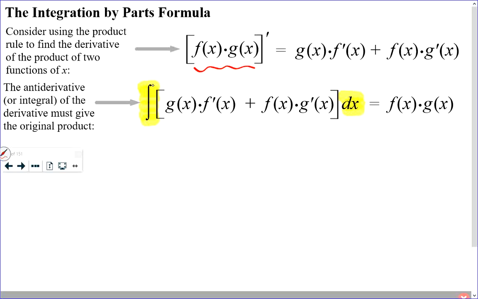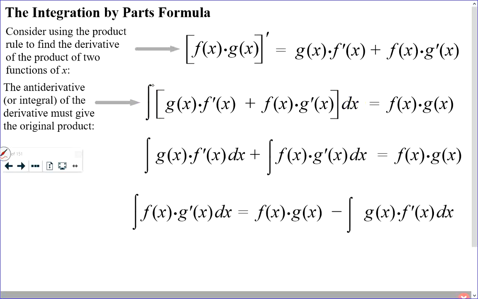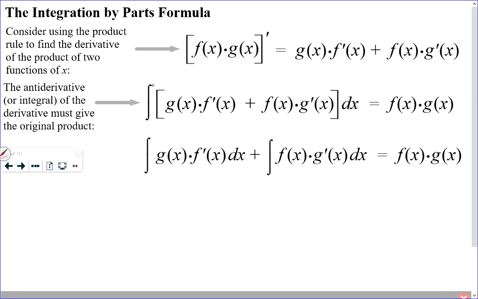We learned something a couple days ago with the fundamental theorem of calculus, and that's that the left-hand side is an integral of a sum of 2 things, and an integral of a sum is the sum of the integrals. So now I've got the integral of g of x f prime of x dx plus the integral of f of x g prime of x dx equals f of x times g of x.